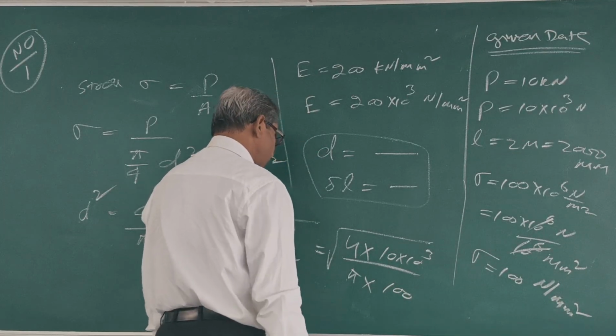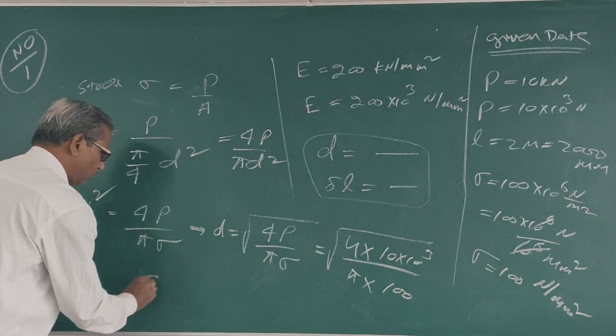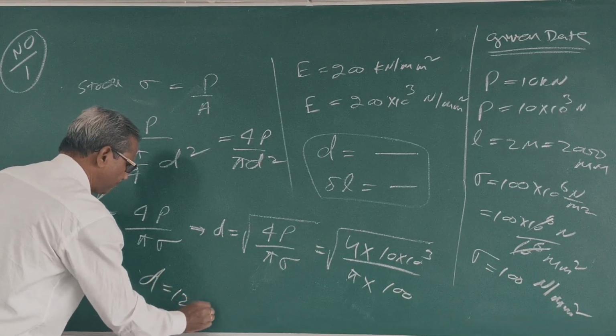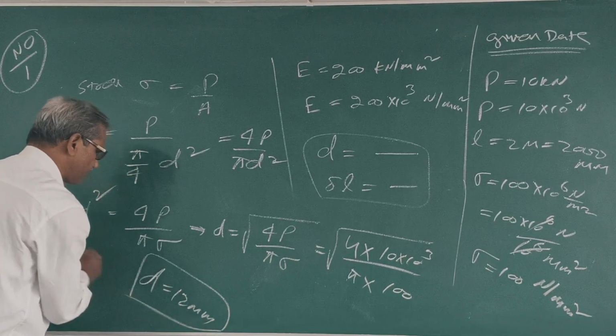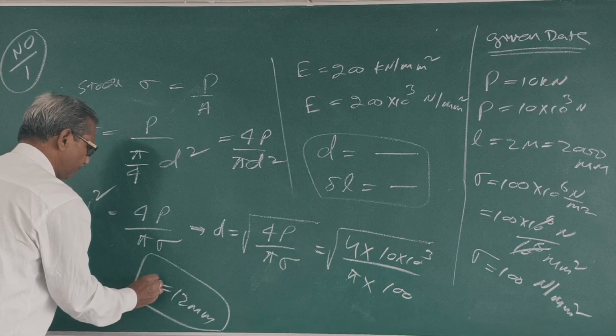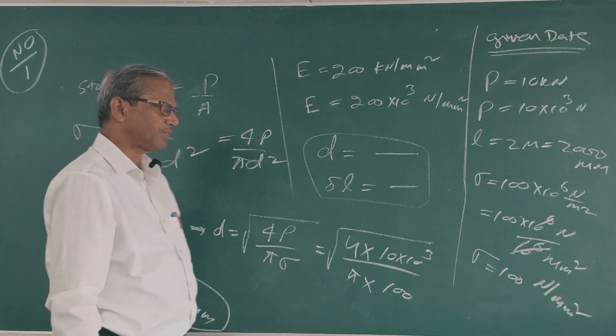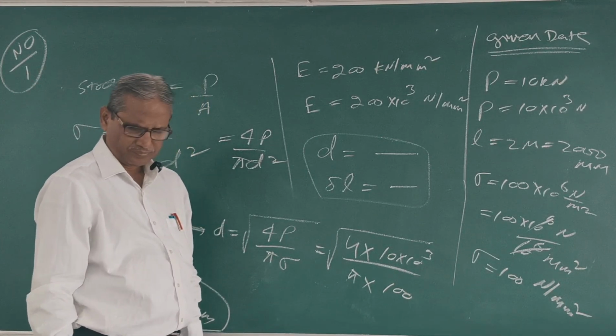Clear? Use a calculator to find the answer. D is equal to about 12 mm. Then the change in length delta L.